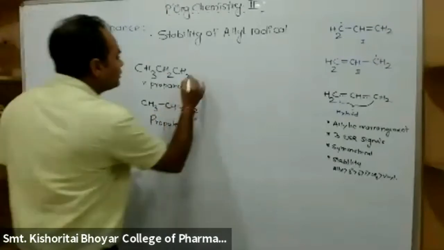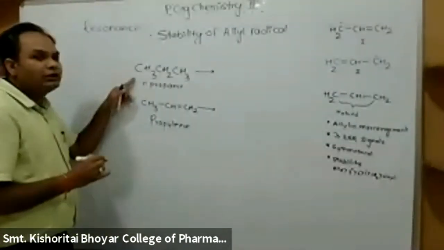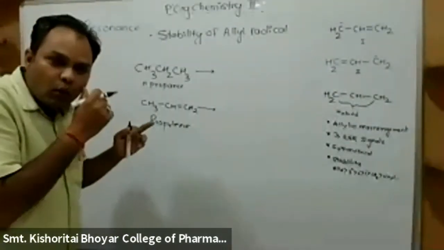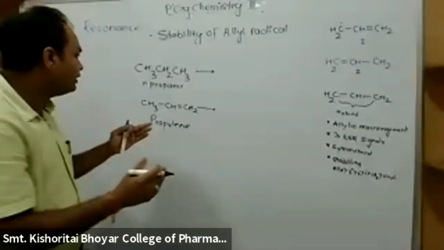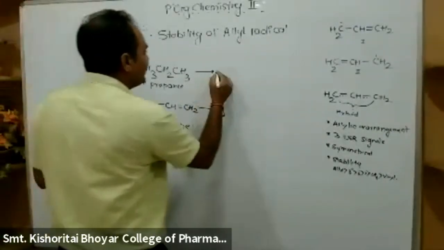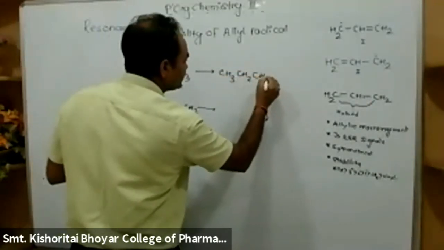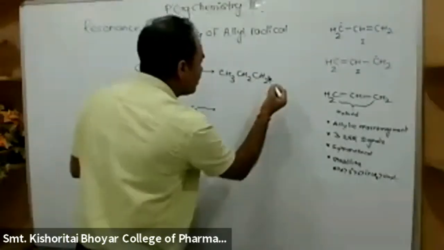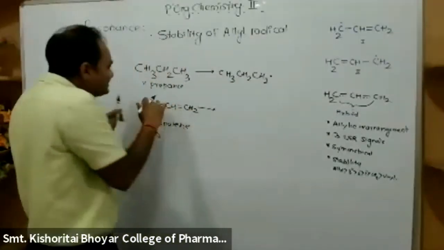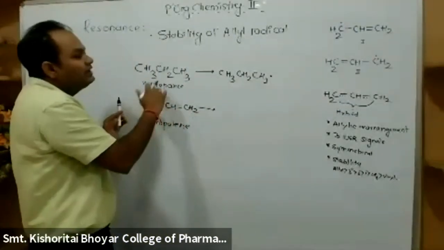Now, if you carry out dissociation, that is called homolytic fission, you will get a radical CH3CH2CH2, and you will find the odd electron here. You can generate a radical from n-propane.